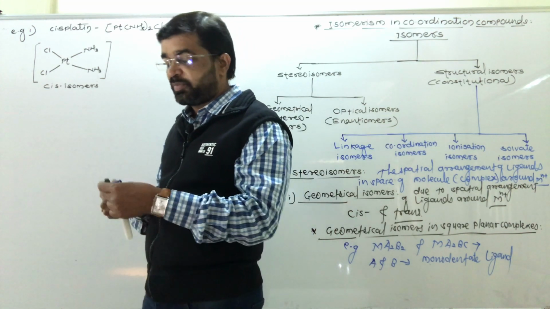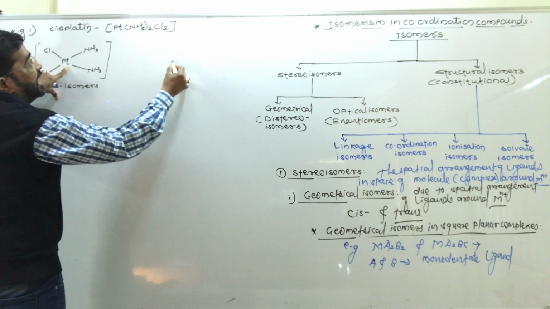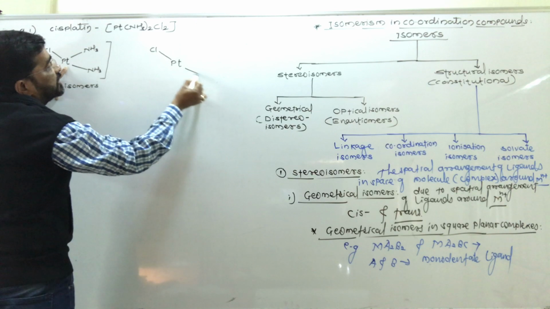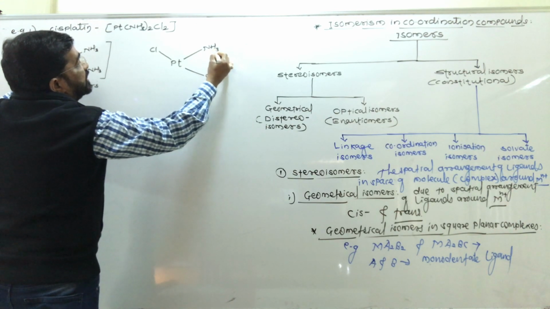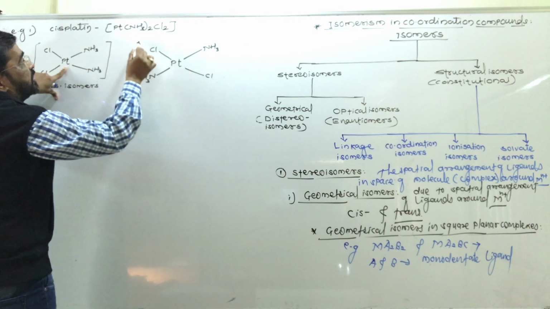This is cis isomer. Now by using the same formula we can write this square complex like this. Here chlorine, here NH3, and here also NH3.